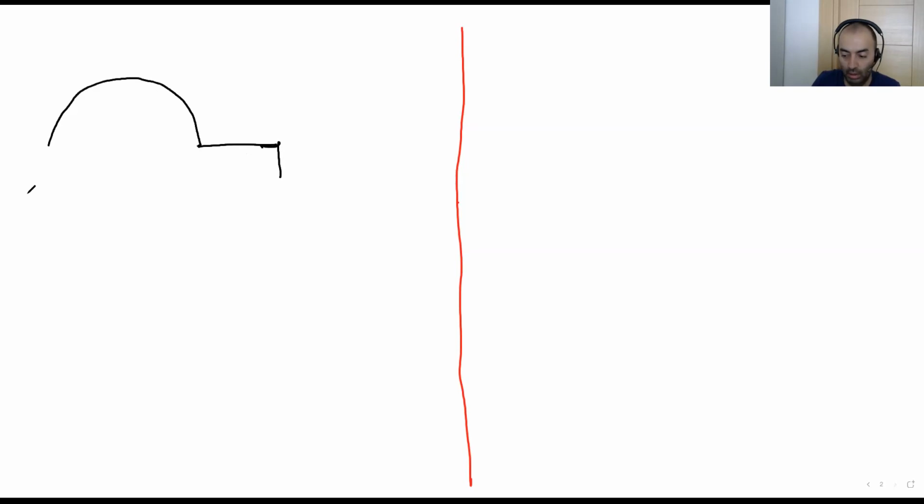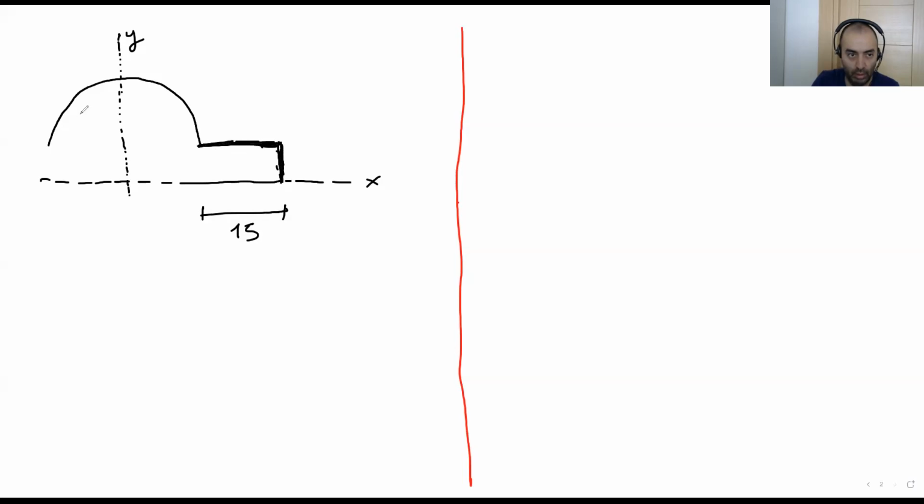So the x is here. This is x, this is y. So dimensions, this part is 15. So by the way, our number is this, and this half circle. Okay, I used black everywhere, so sorry.